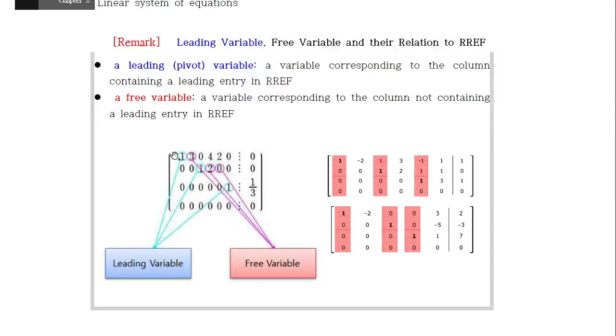If you add the leading variables and free variables, it sums up to the number of whole variables. Here in this case, x1 to x6, six of them. So you have three leading variables, x1, x3, and x6, and three free variables, x2, x4, and x5.